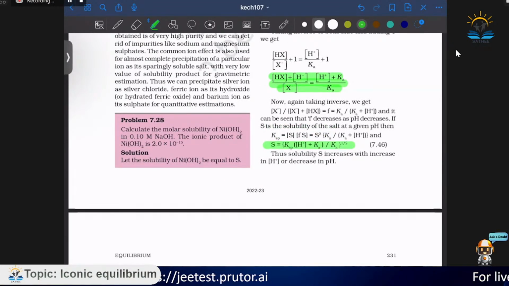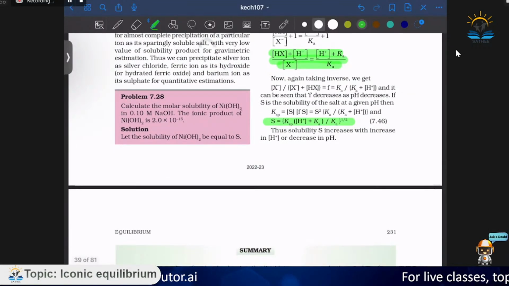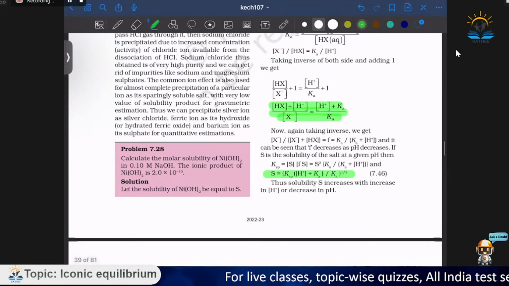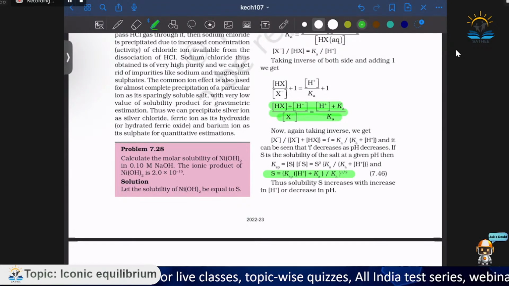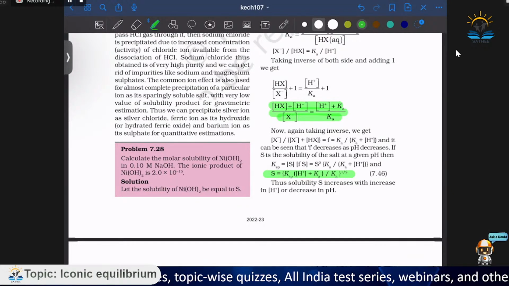In the solubility formula, you take some assumption of ignoring a few points, like ignoring the concentration of the common ion which has dissociated from your salt or whose hydrolysis has been done.